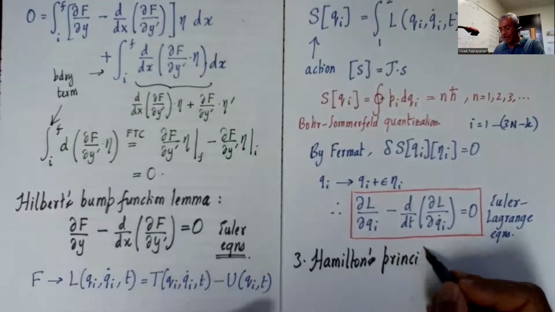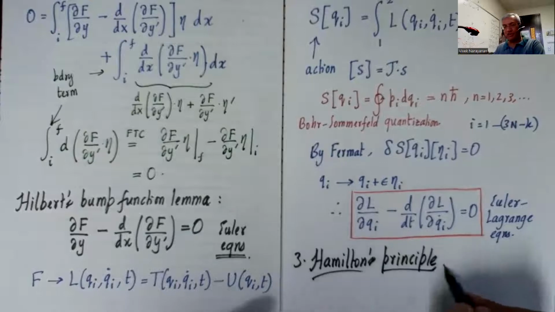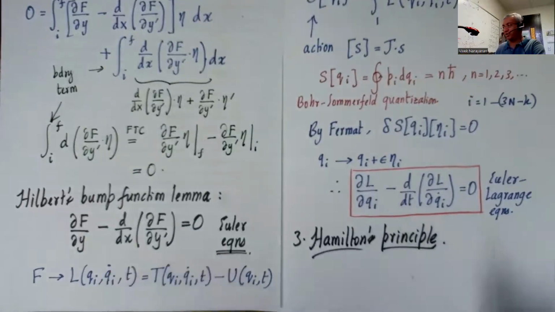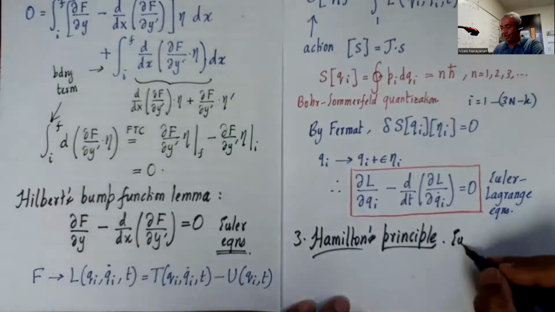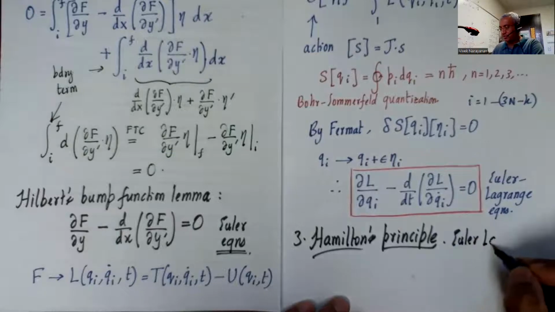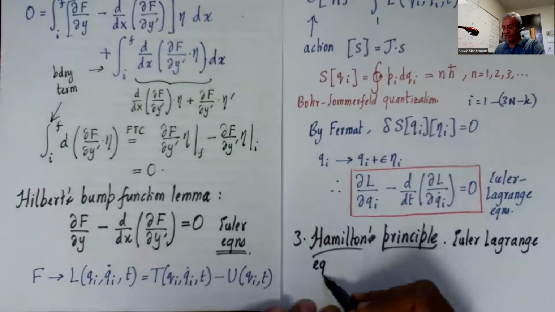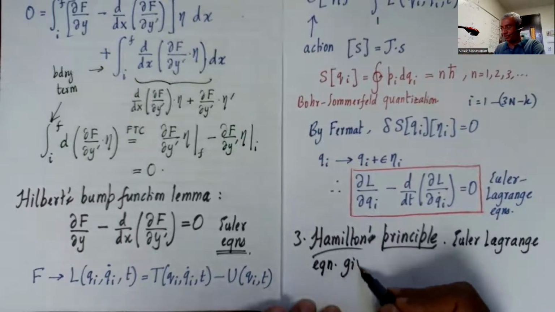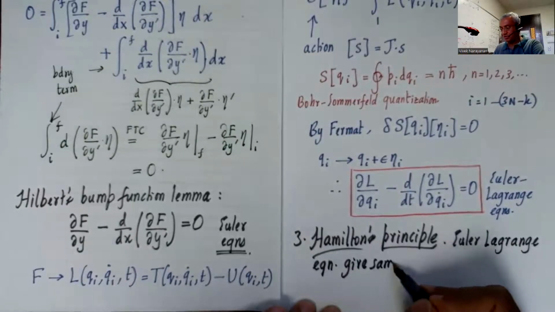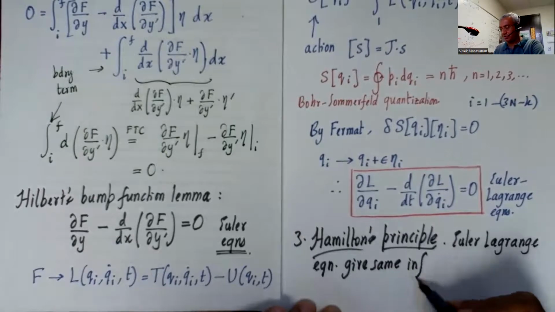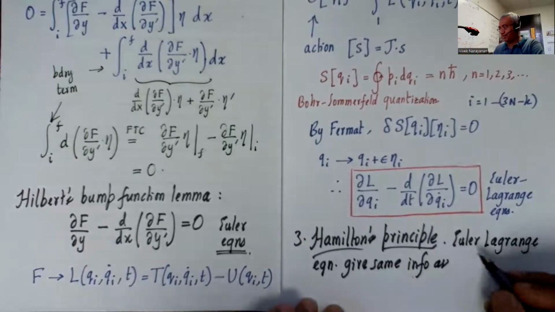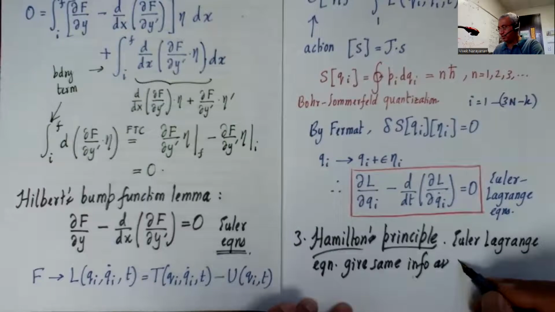Hamilton's principle is really the same as Fermat's principle applied to mechanics. That's all it is. So it says the Euler-Lagrange equations give the same information as the equations of motion of the second kind.